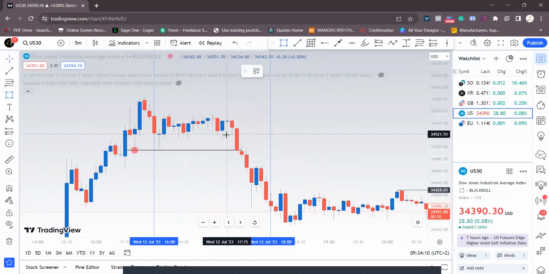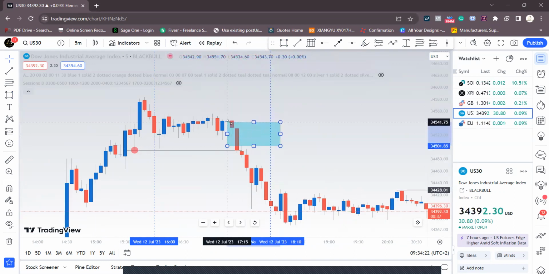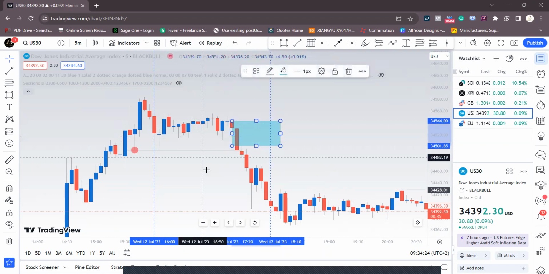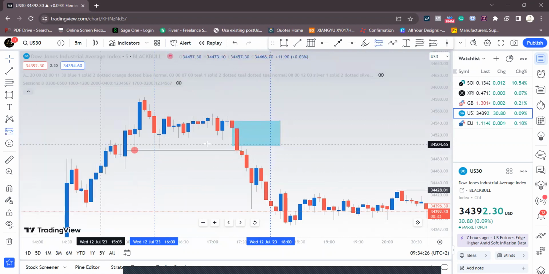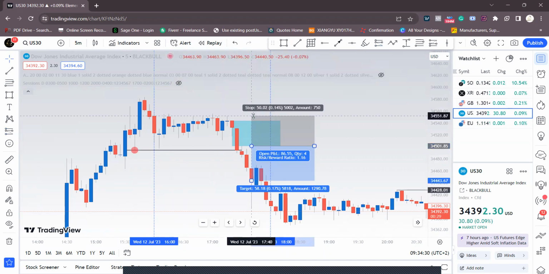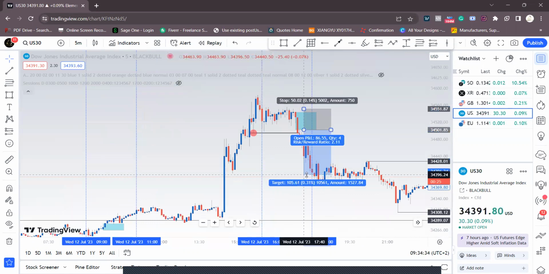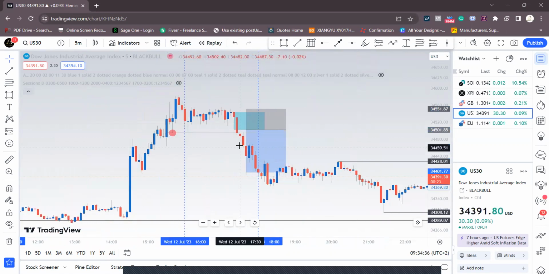My fair value gap was sitting right here, all in the kill zone, and unfortunately it did not get filled. That would have been my entry point with my stops above the order block. It came close, but it didn't trigger me in. It would have been a 50-point stop loss, and I would have targeted a 1 to 2. Unfortunately, that didn't get triggered.